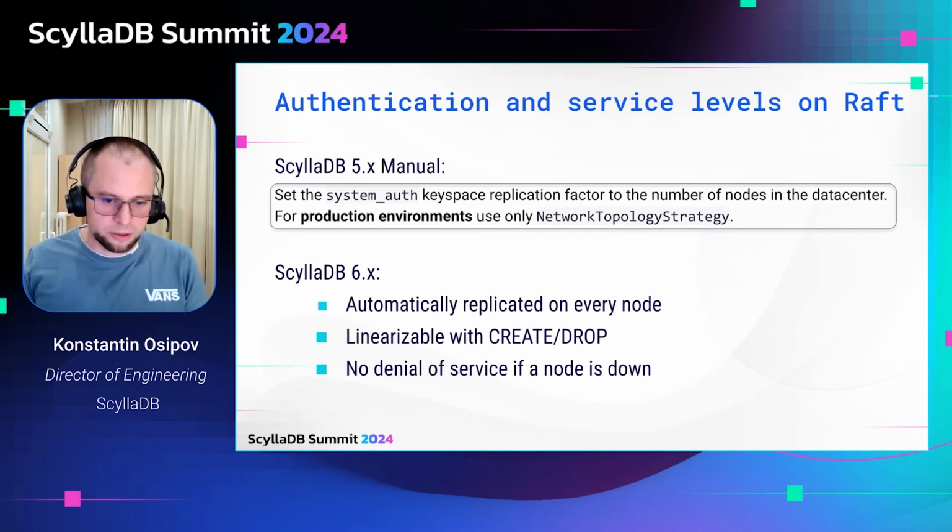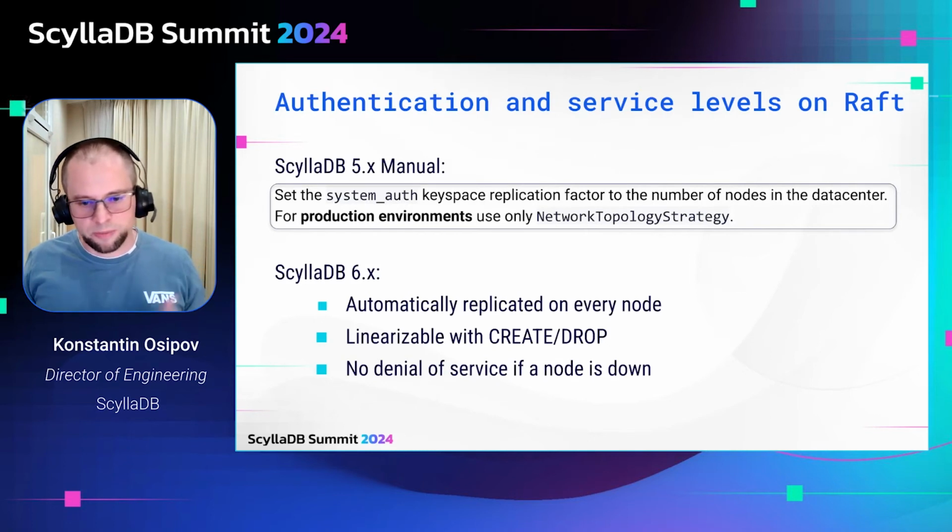If part of the cluster is not available, and this role definition was residing on these nodes, which are not live at the moment, it was possible that you couldn't connect to the cluster at all.